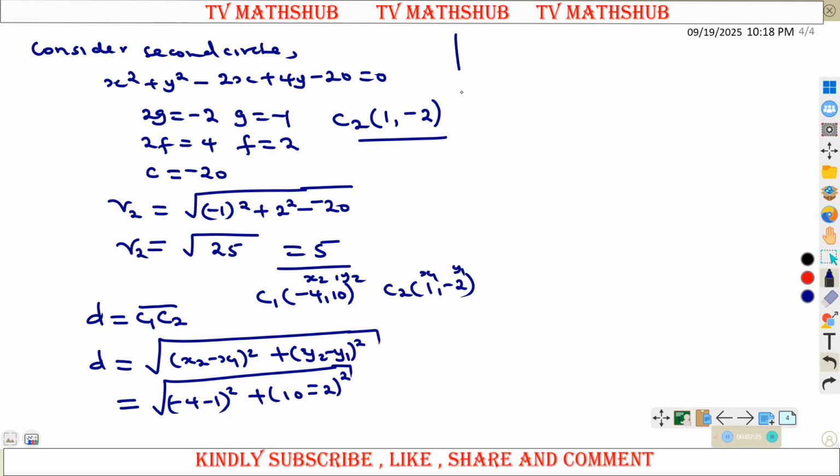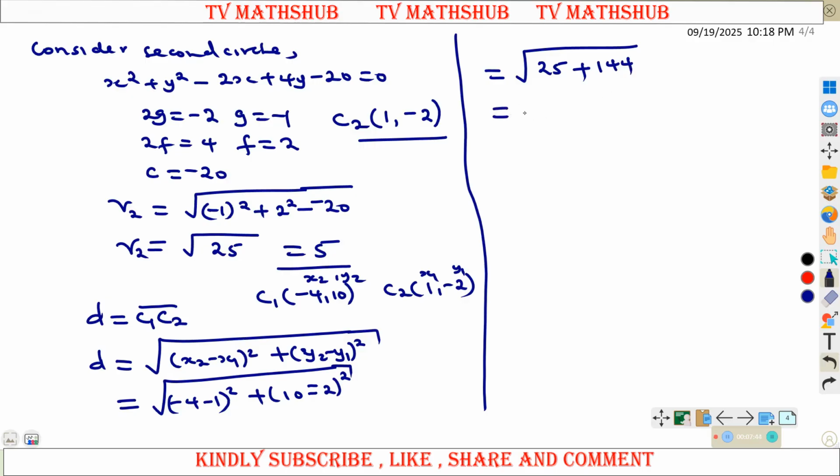So what will this give us? This will give us the square root of 25, that is 5 squared, plus 144, that is 12 squared. This is the square root of 169, and this will give us 13. So D is 13.